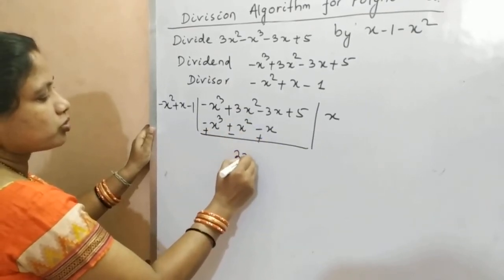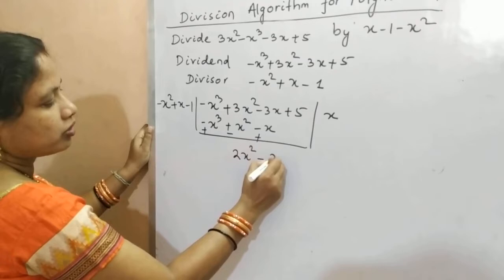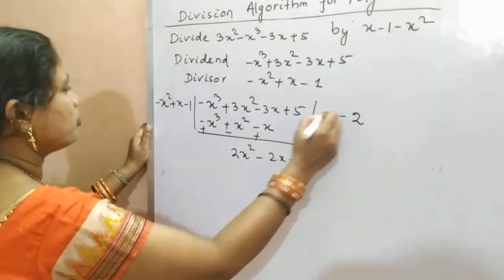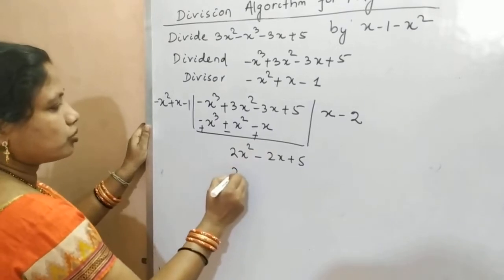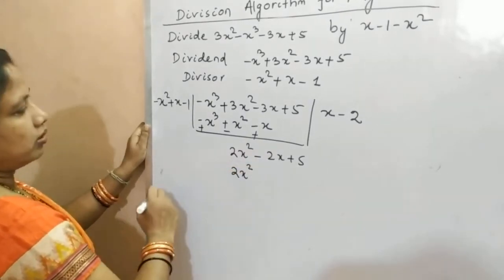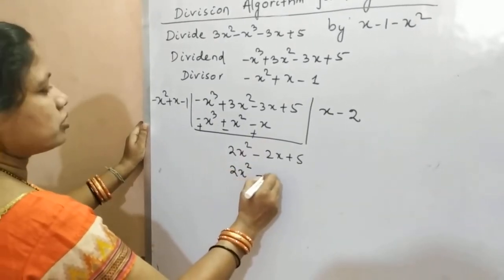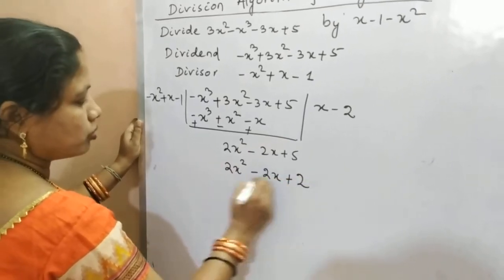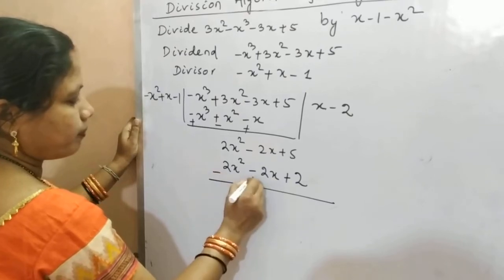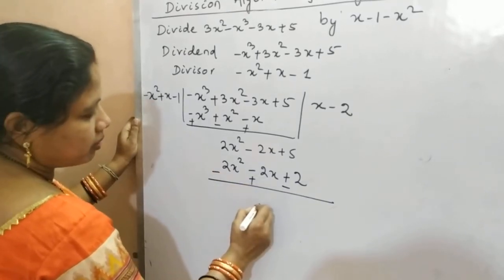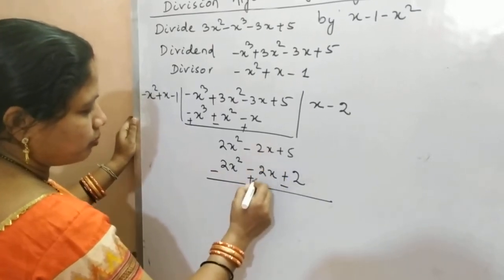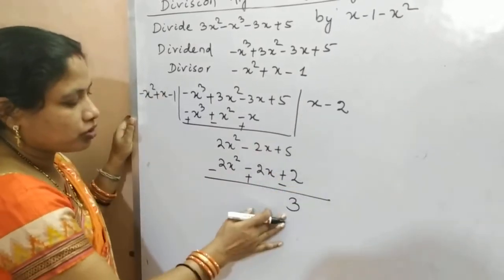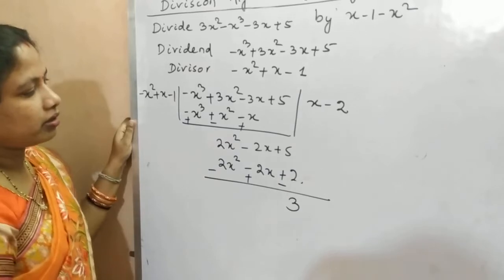So this becomes 2x square minus 2x plus 5. Then here I will put minus 2. So 2x square minus 2x plus 2. So this becomes 2 plus 2x minus 2x, then 5 minus 2, 3. So 3 is the remainder here.